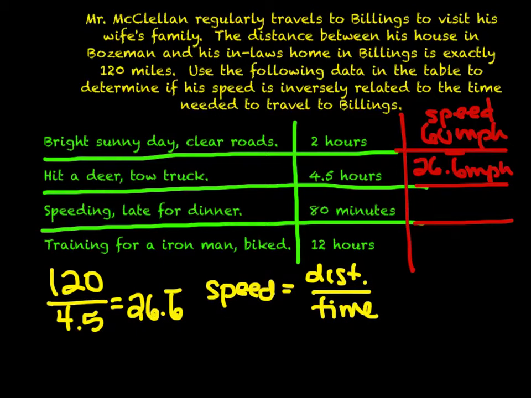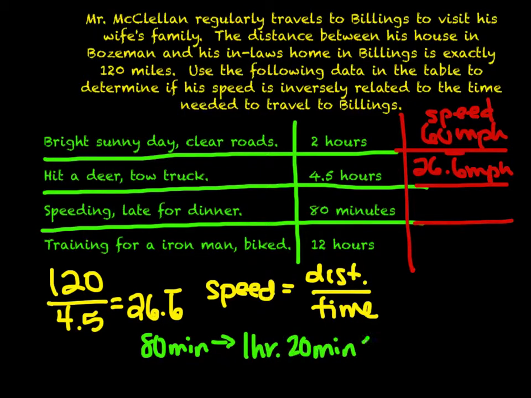Let's do a couple more, and we have 80 minutes. That's kind of tricky. If we're looking at 80 minutes, we need to convert that into hours because we're looking for miles per hour, not miles per minute. 80 minutes is essentially 1 hour and 20 minutes.